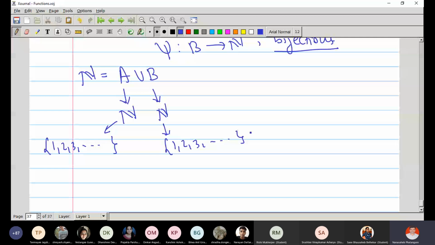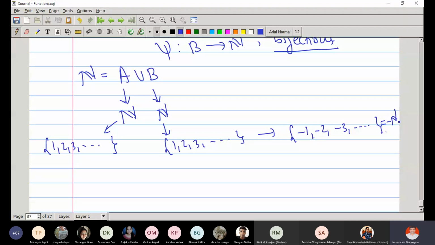What is that set? Minus n: minus 1, minus 2, minus 3. Let us call this minus n, the negatives of all natural numbers.